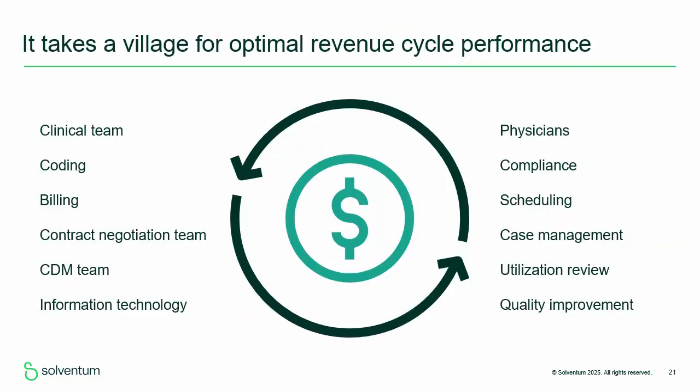Several hands touch an encounter, and several departments play a role in that revenue cycle process. It really does take a village to optimize revenue cycle performance. So here we have listed a few key players, but there are probably more. Does the process at your organization run seamlessly for all services provided from the front end to the back end?